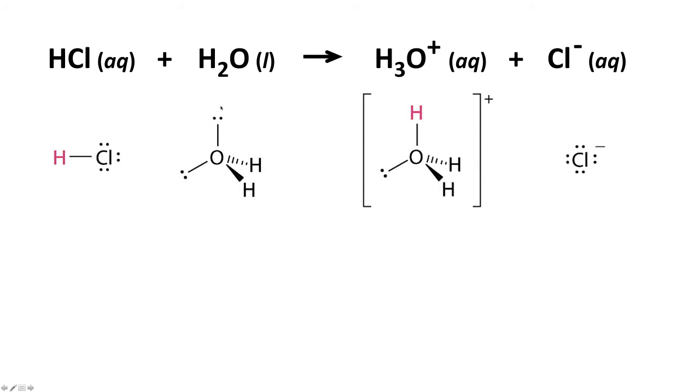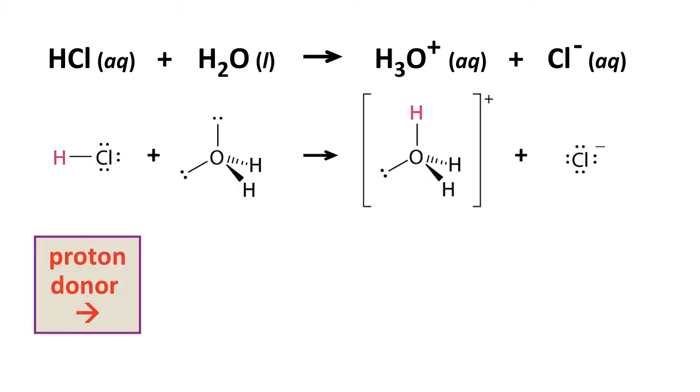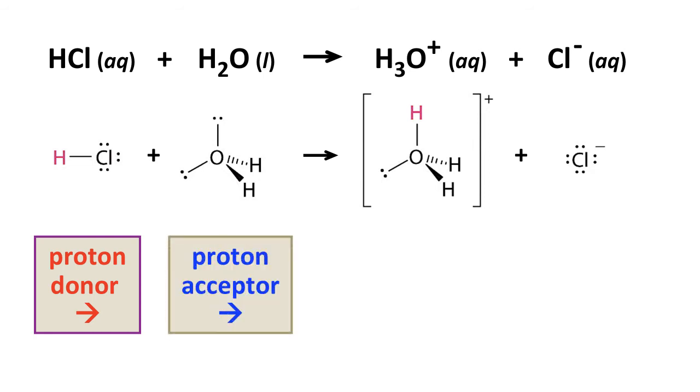H2O accepts the proton. Going in the opposite direction, if it would happen, H3O plus could potentially donate a proton to the Cl minus, and then H3O plus would function as an acid and Cl minus would function as a base. And so from left to right, HCl would be a proton donor and H2O would be a proton acceptor.